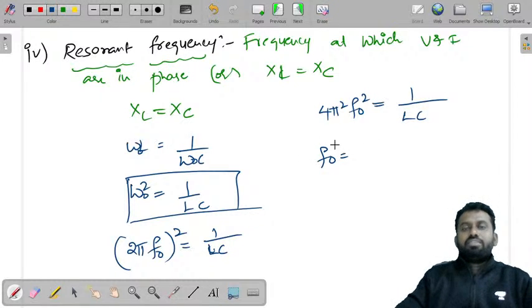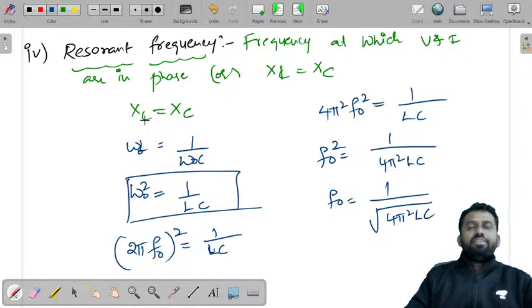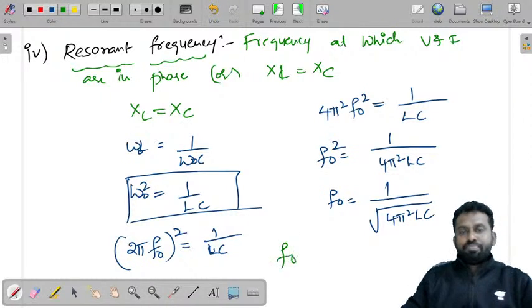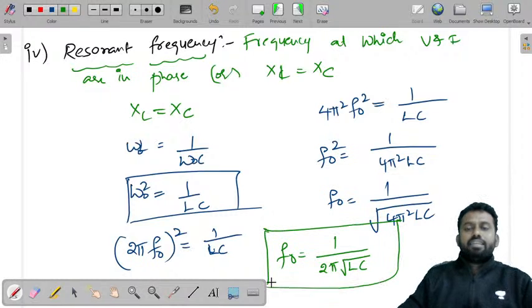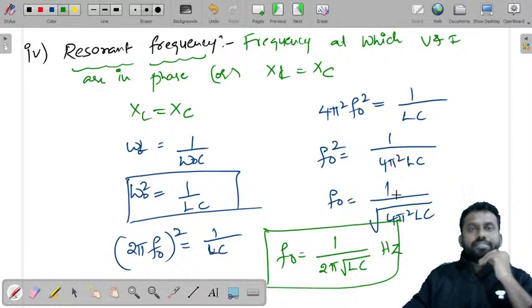So f naught square is equal to 1 by 4 pi square LC. F naught is equal to 1 by under root of 4 pi square LC. So finally, the resonant frequency is f naught is equal to 1 by 2 pi root LC hertz.